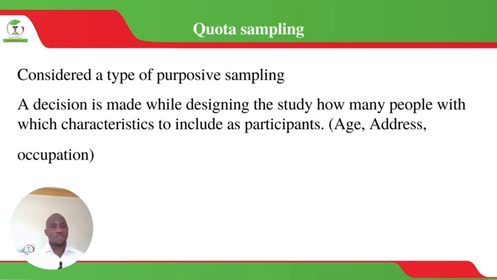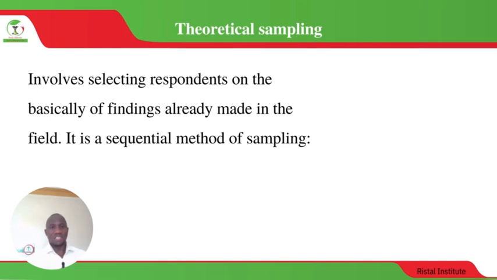So you can say 4 doctors, 4 nurses, and then maybe 4 clinic officers. This is quota. So you're basing the decision on who you're going to interview on their profession, so that you can have a clear picture of the problem that you're investigating.